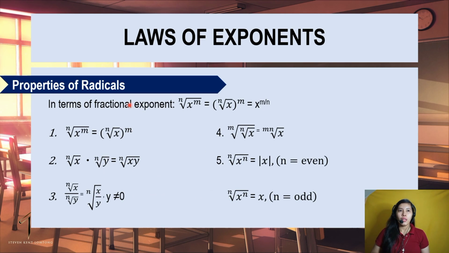Now, for the properties of radicals, in terms of fractional exponent, if we have the nth root of x raised to m, pwede nating ilabas yung m, so equal lang yun. Then, equal siya sa x raised to m over n. So, ito is just a review of the properties of radicals.